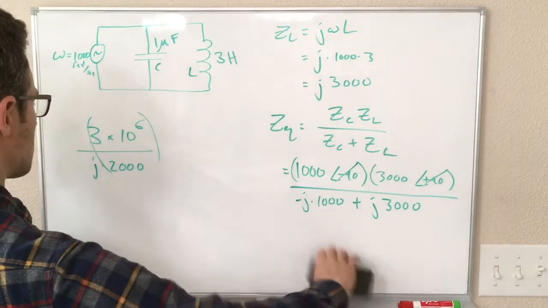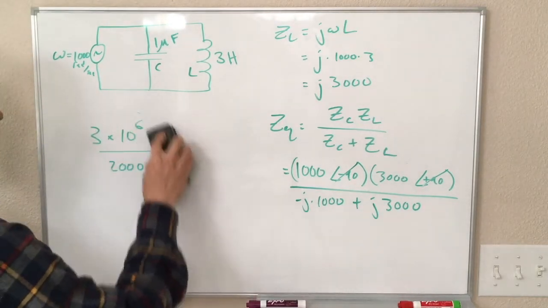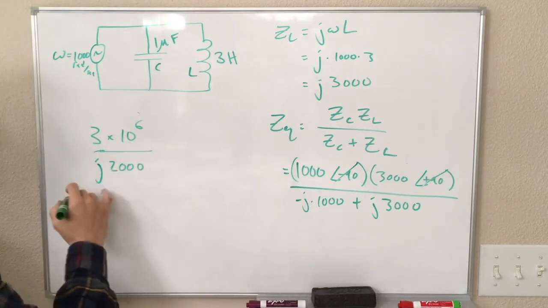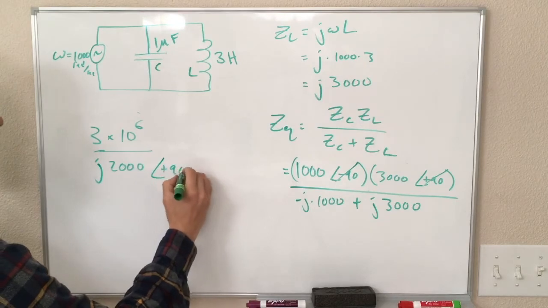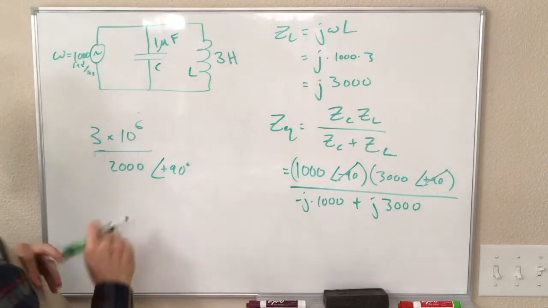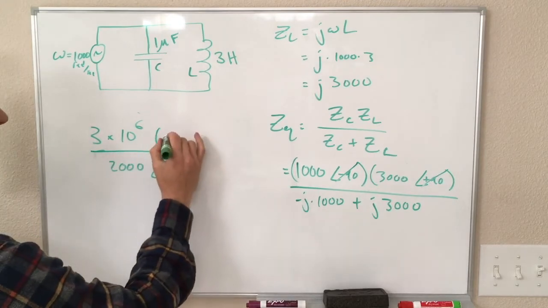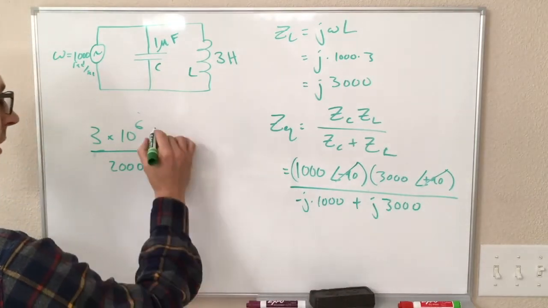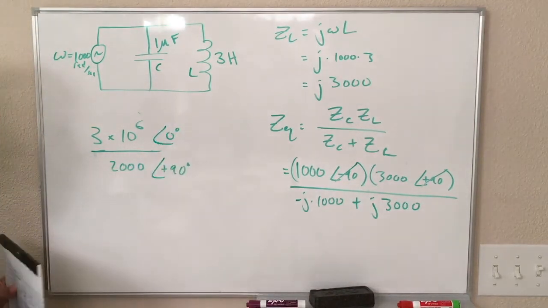Well, let's be careful and not skip any steps. So this is j times 2,000, right? That's the same as 2,000 at an angle of plus 90 degrees. The top, we didn't write it because it went away, but really, 90 and minus 90 give us an angle of 0 degrees.